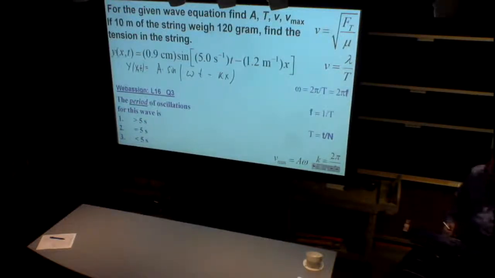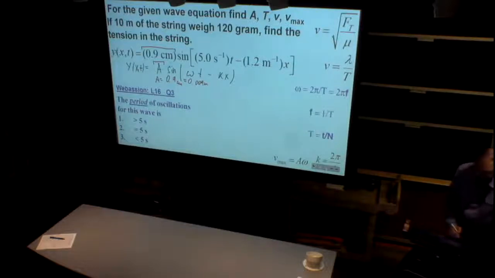It has parts, components. And if we look at the specific equation and at the general equation, that number, which is right in front of the function, is supposed to represent the amplitude. So this comparison immediately tells us the amplitude of this wave is equal to 0.9 centimeters, 9 millimeters, 0.009 of a meter.